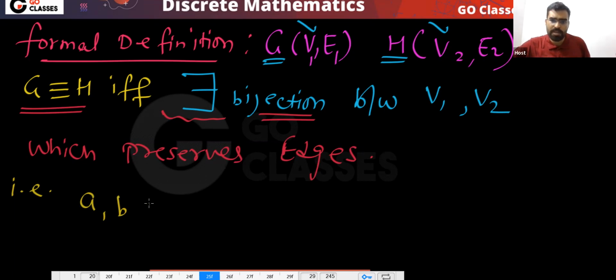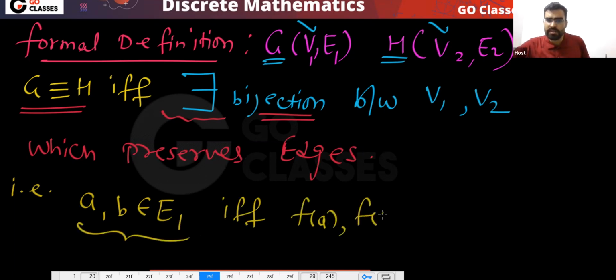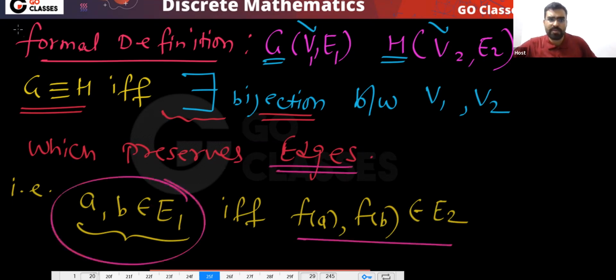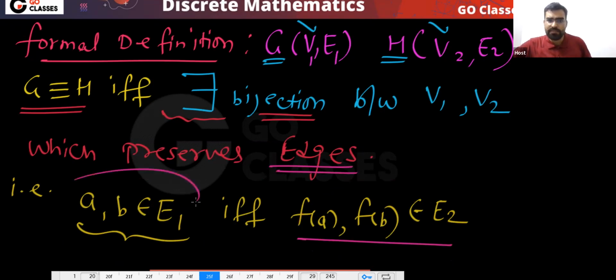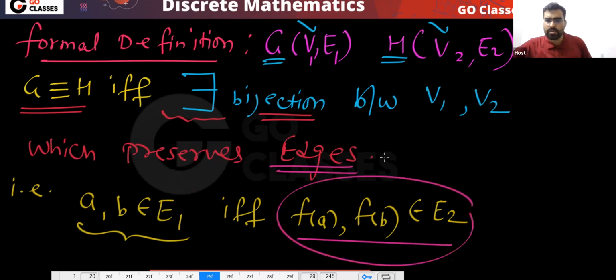A, comma B belong to E1 if and only if their images, their corresponding characters, belong to E2. Yes or no? So they should preserve edges. Means A, comma B have an edge if and only if their images also have an edge. And if they don't have an edge, then their images also don't have an edge.